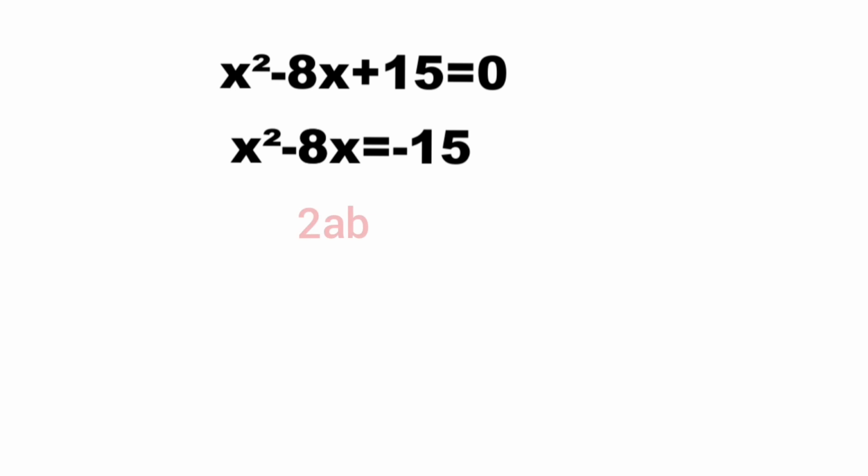So there is a 2 here that is being multiplied. Let's get the 2 here: 8 divided by 2 is equal to 4. And this 4, we are going to square. So this is equal to 16.